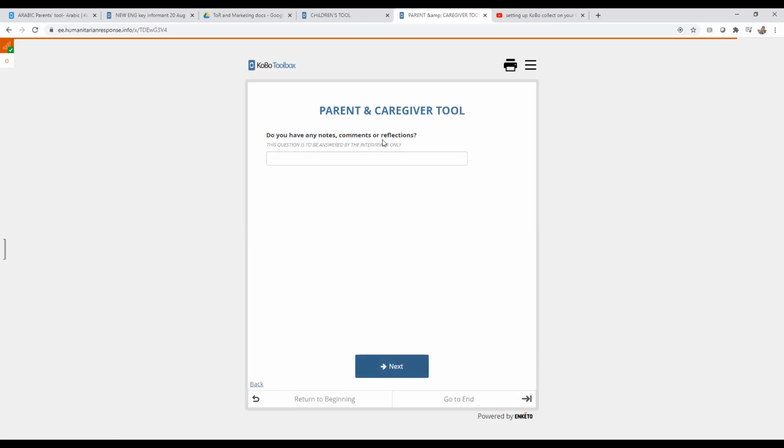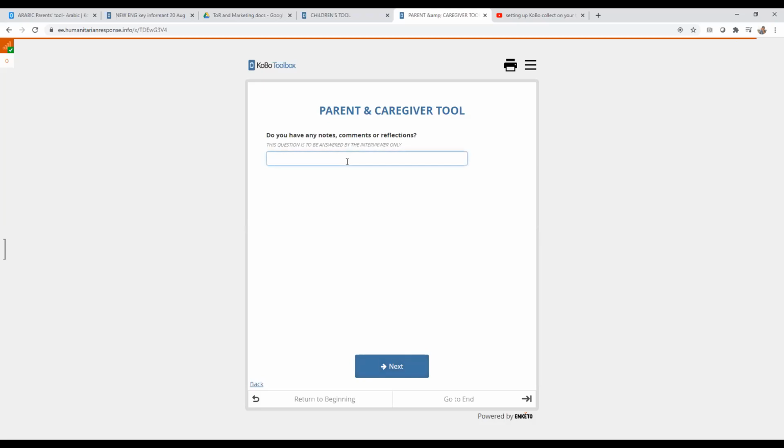And now this question is for the interviewer only. We've come to almost the end of this questionnaire. And maybe the enumerator has a feeling about why the parent is giving these answers about the children. It could be that there's a lot of stress because of living in a camp.